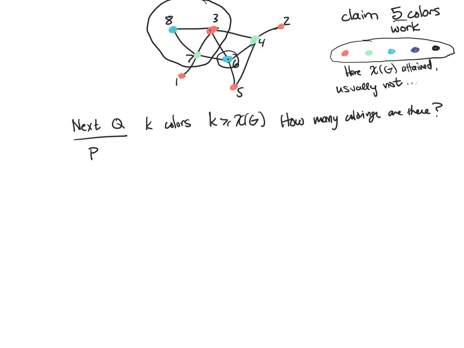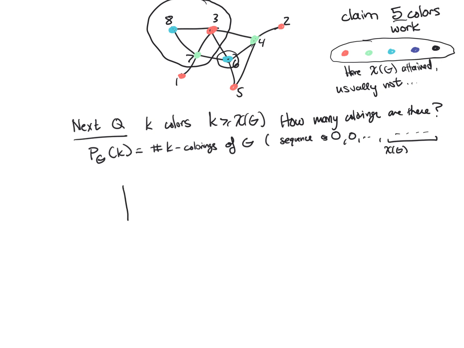I'm going to write P_G(k) is the number of k-colorings of G. You should think of this as a function in k, or a sequence, which is 0 for a while, and then you start hitting the chromatic number, and then you get some non-zero values. To see a hint of what you get, let me do this for the complete graph.